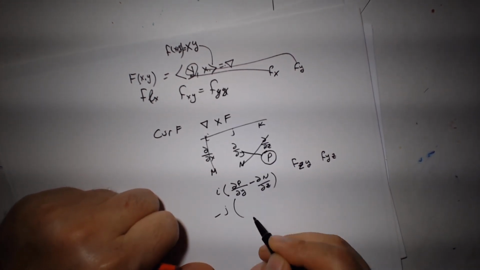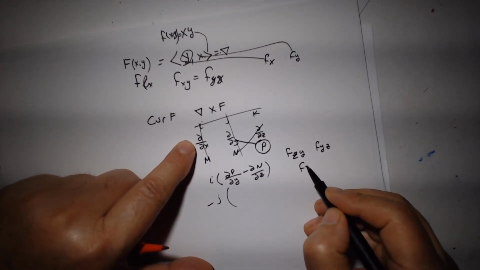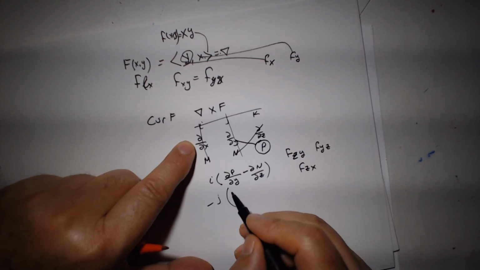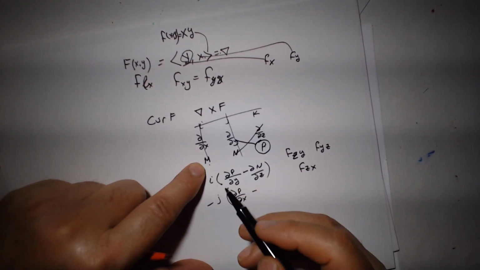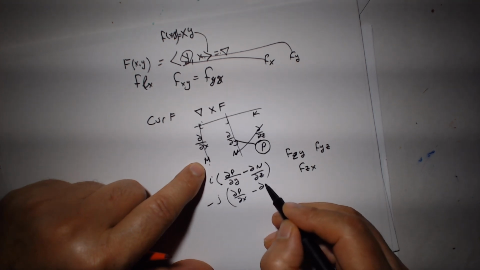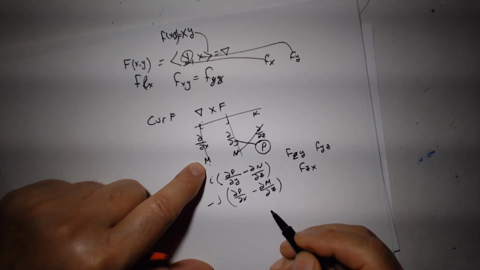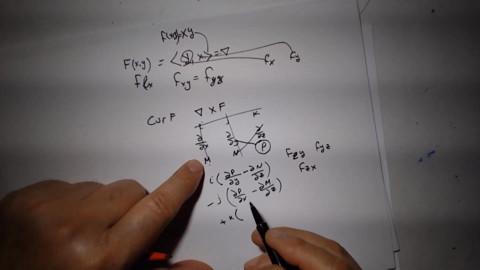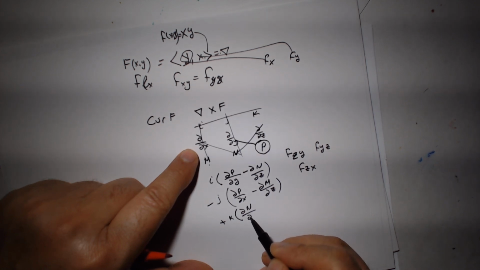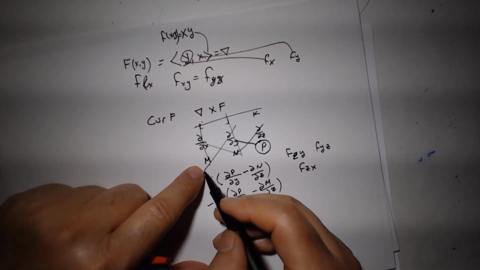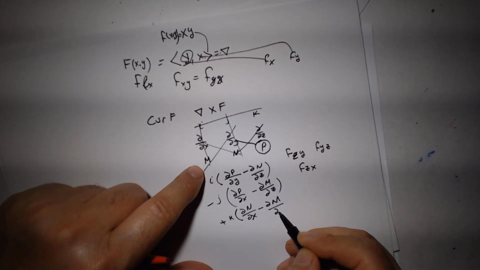For the j component, you do z with respect to x and x with respect to z. And for the k component, you do the partial of y with respect to x and the partial of x with respect to y.